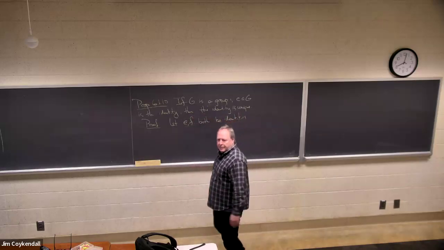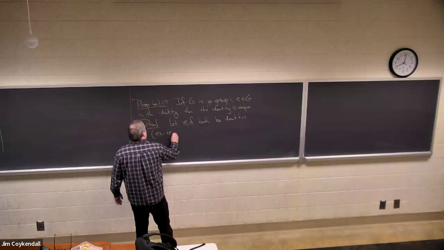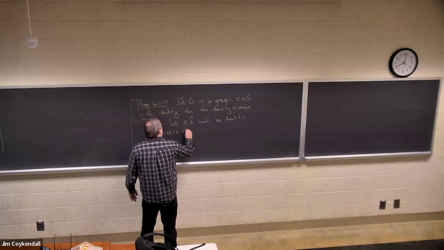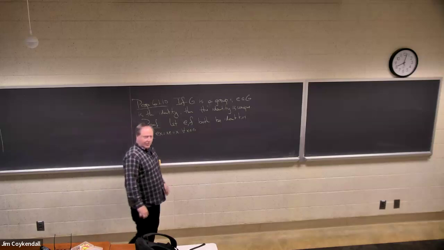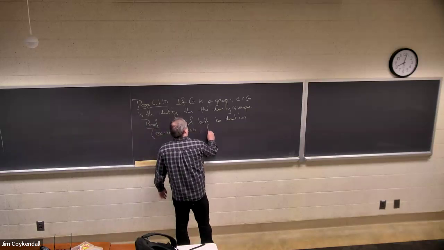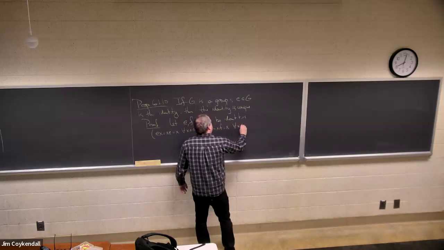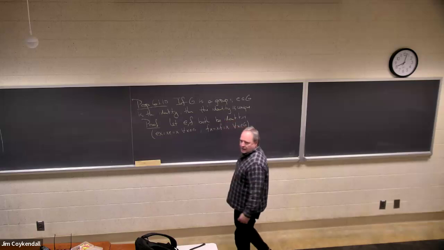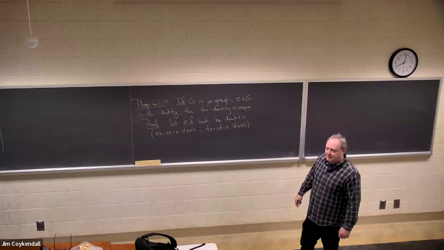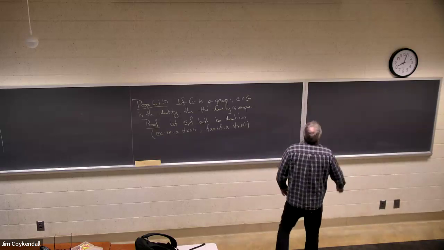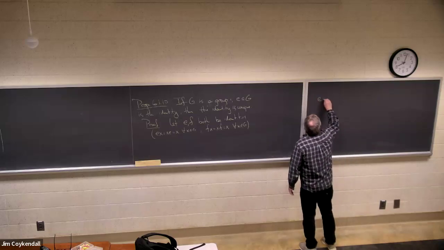So let me recap what this means. This means EX equals X for all X. So it needs to be an identity, but this also must be true for F. Now, this is so silly.